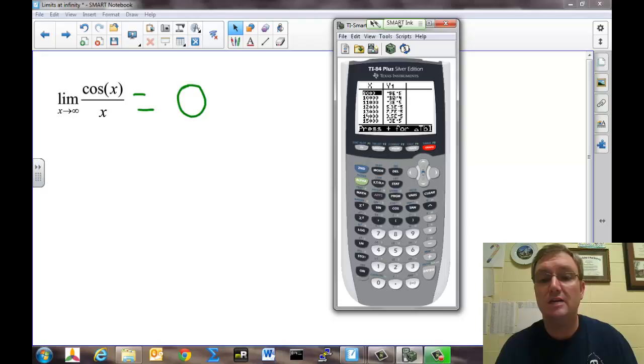It's a -9e to the -5, which means a decimal and 5 zeros and then the number 9, which is a very small number. These are essentially becoming 0, and if you go down far enough, you'll get to a point where your calculator can no longer calculate it, and you would get 0. So both graphically and numerically support what our algebra says, so we can conclude that the limit is 0.